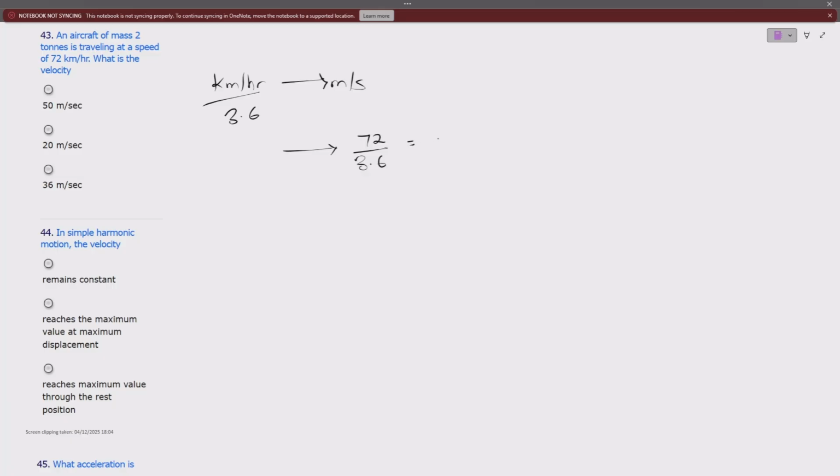You can also rewrite it as 720 divided by 36 by multiplying the numerator and the denominator both by 10 to get rid of the decimal. So 720 divided by 36. So straight away you are going to get 20 meters per second.